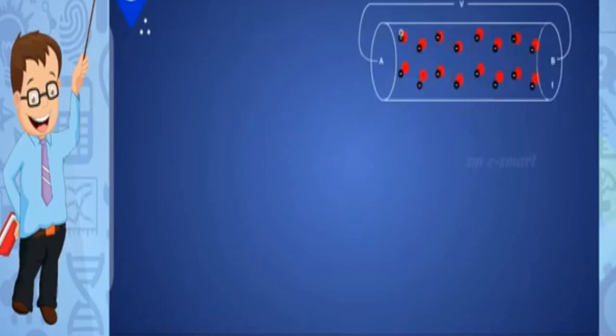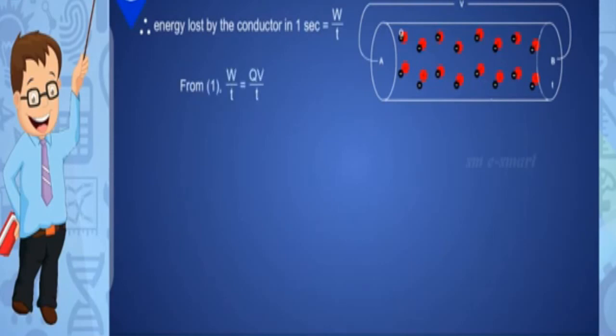Therefore, the energy lost by the conductor in 1 second equals W by t. From equation 1, W by t equals QV by t. Let us consider it as equation 2.